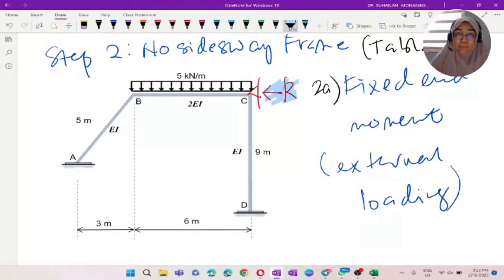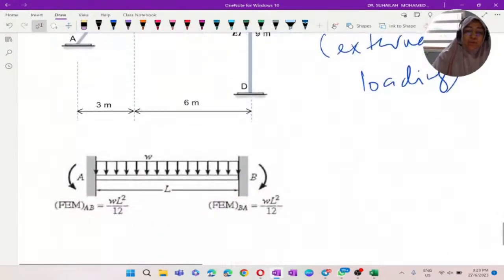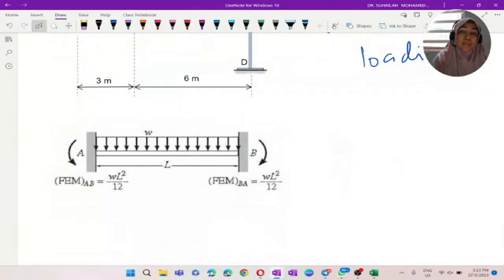And always remember, whenever we want to calculate fixed end moment, we will assume all as a fixed end. So we take up member BC like this. This is actually the formula given in the textbook.